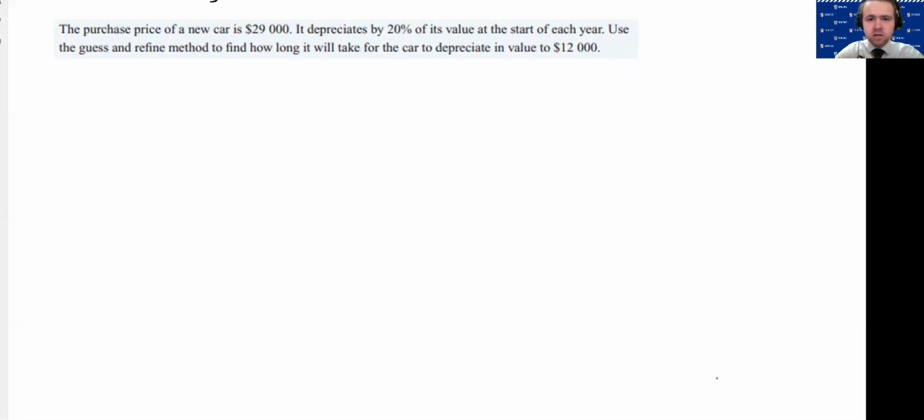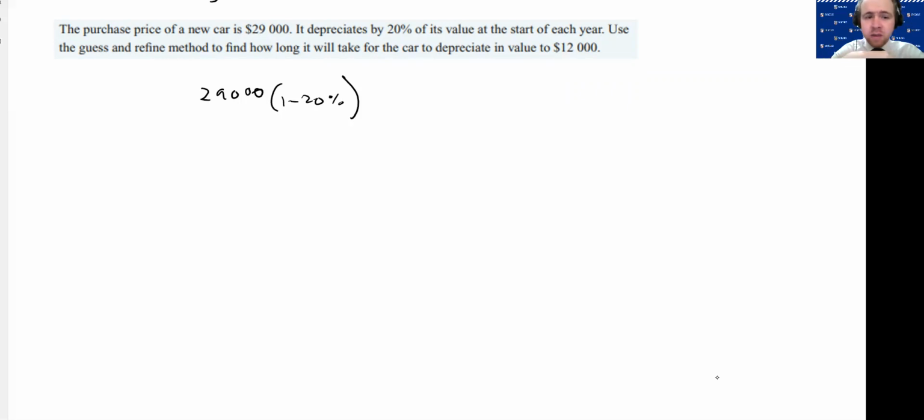Okay, so what we're going to do is we're going to set up our thing, and we're trying to, so we bought it for 29,000. Okay, and then it's depreciating by 20%. And we want to work out how many terms it will get to 12,000.